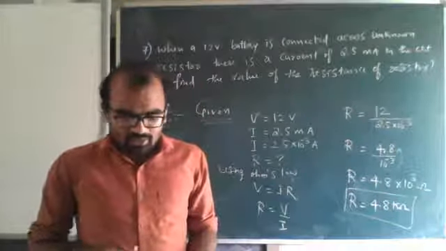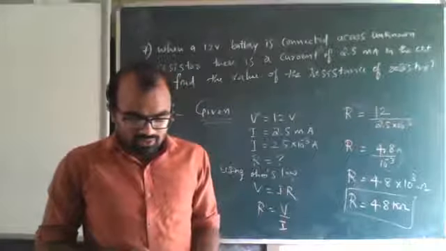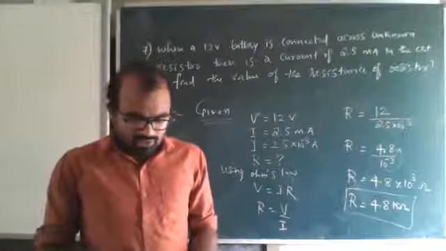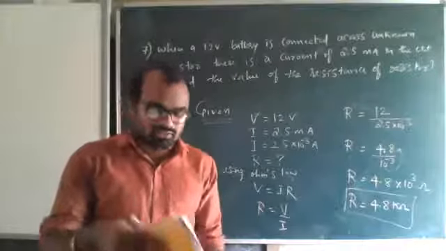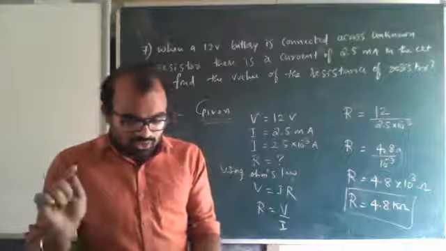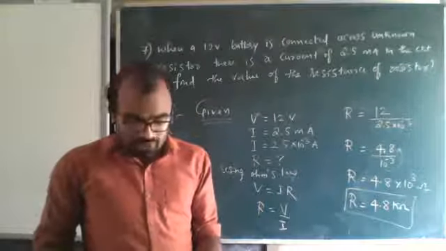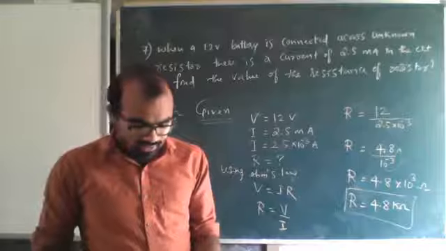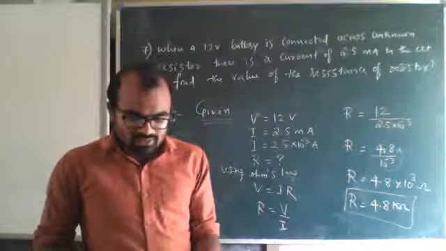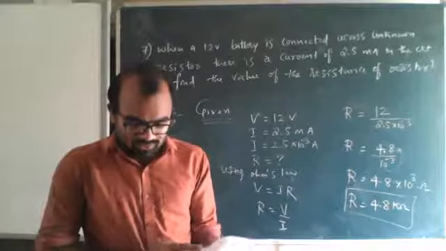Use the data in table 12.2 to answer the following. Please open this book and read them. Which among iron and mercury is a better conductor? Iron has 10.0 into 10 to the power minus 8 as its resistivity, and mercury has 94 into 10 to the power minus 8.